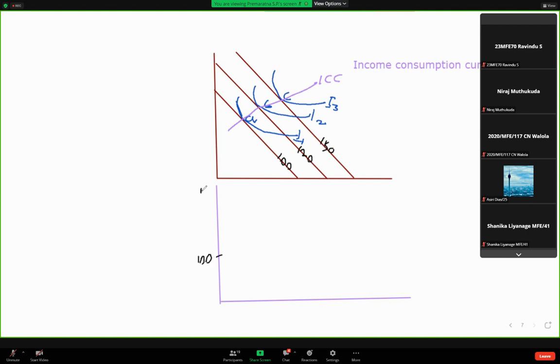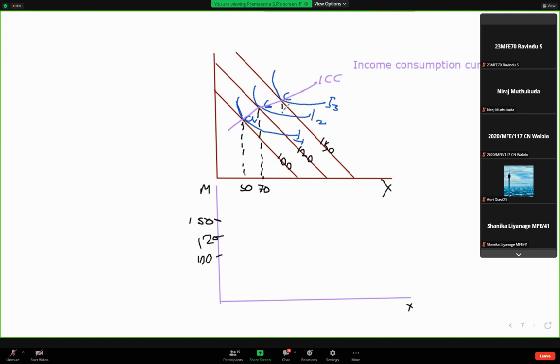This axis here is money income, and the other axis is good X. With $100, this particular consumer buys, let's say, 50 units of X. When the money income increases to 120, purchases increase to, let's say, 70.